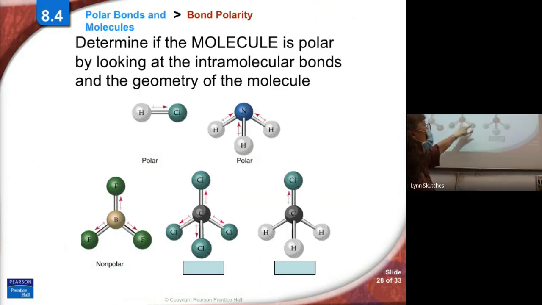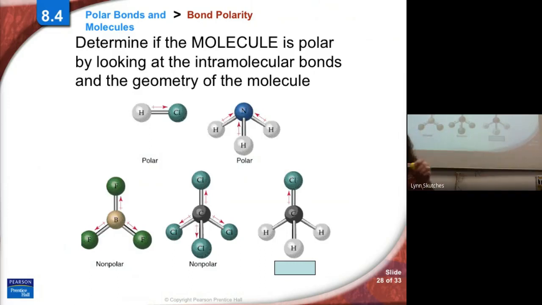If there's equal things all the way around on a carbon, like carbon tetrachloride, which is shown here, that tetrahedral shape, equal poles in all directions, 109.5 degrees, that is going to be non-polar. Even though the internal bonds between carbon and chlorine are polar, the molecule is symmetrical all the way around in all dimensions.